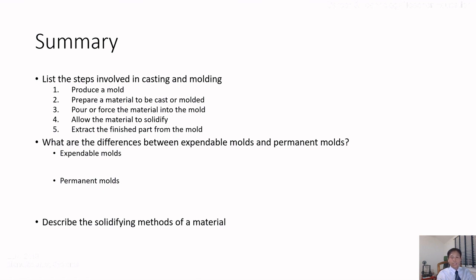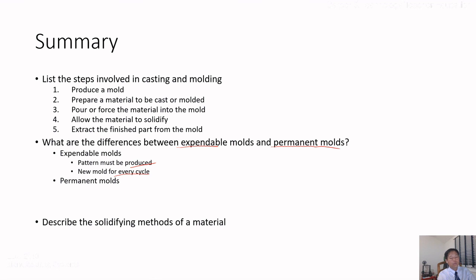And then the second objective was how expandable molds differ from permanent molds. For expandable molds, a pattern must be produced, and then a new mold for every cycle. Each cycle needs a new mold, right? That's what expandable mold means.